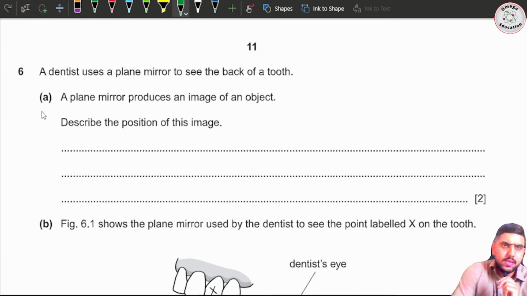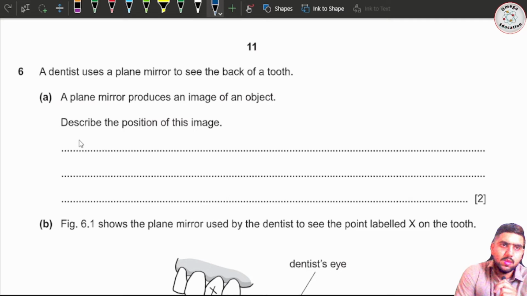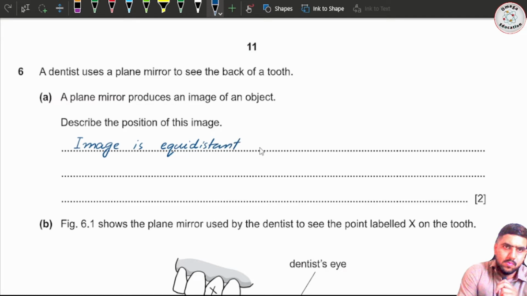Let's say for the first one, part A: a plane mirror produces the image of an object. Describe the position of the image. So for 2 marks we can write: image is equidistant with respect to the object from the mirror and on the opposite side of the mirror.